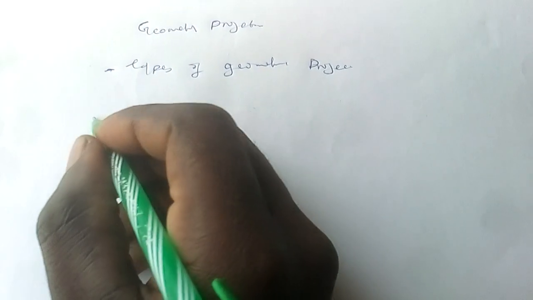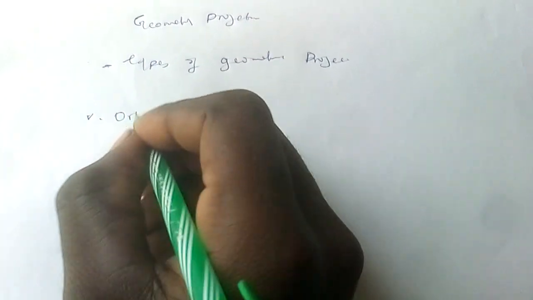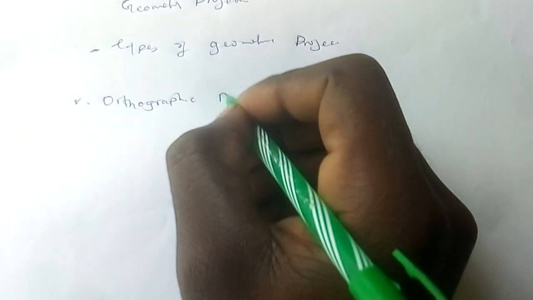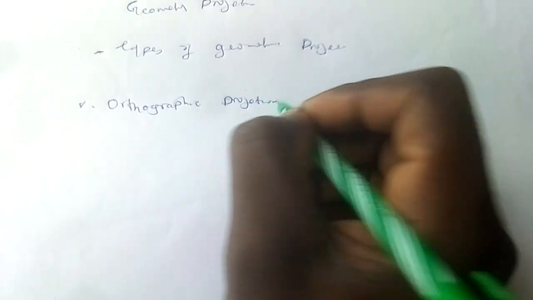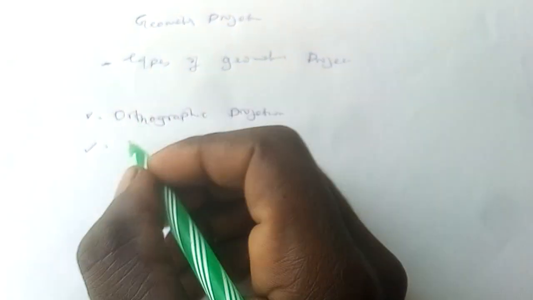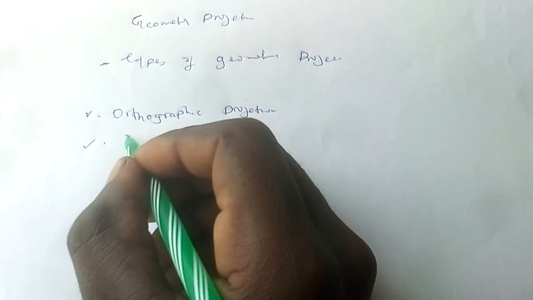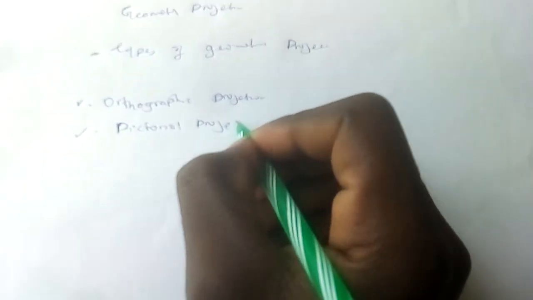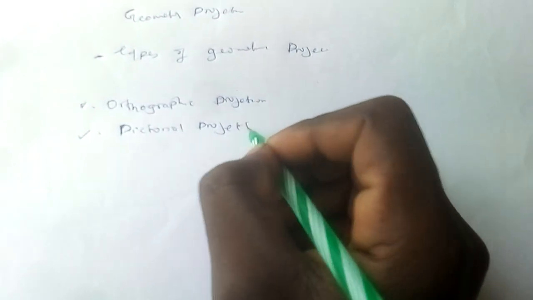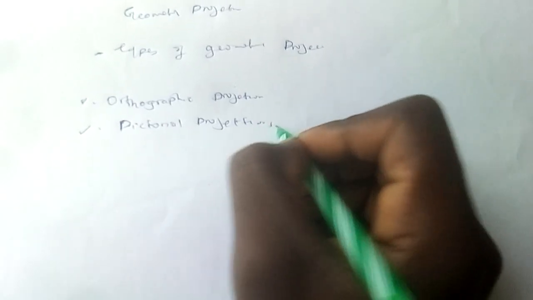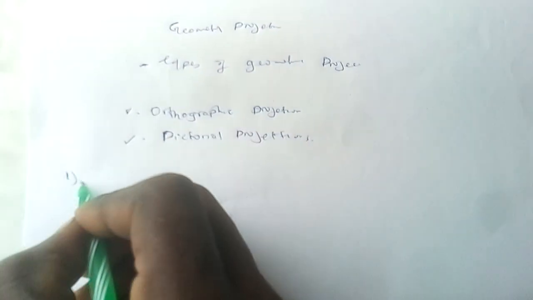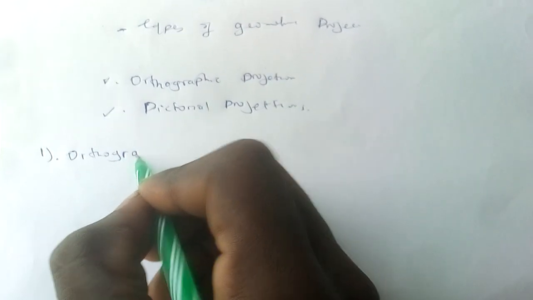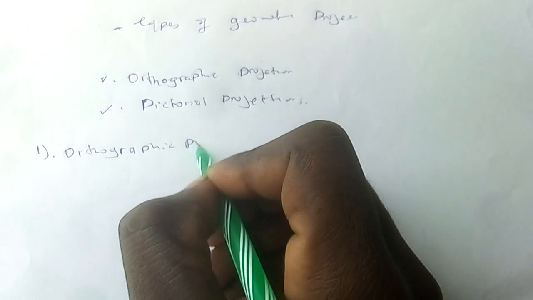One, we have the orthographic projection, and two, we have the pictorial projection. Let's begin with the orthographic projection.